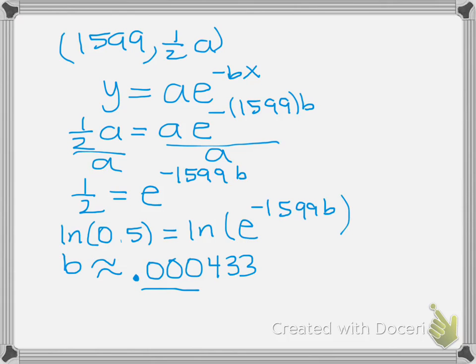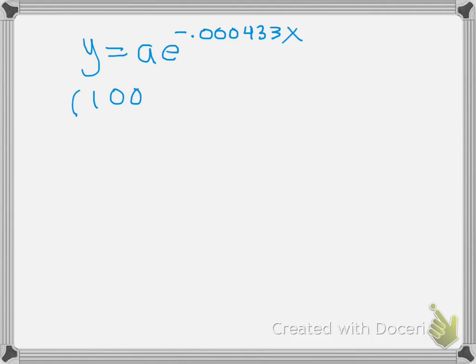Now, if we go back, we have y equals A times e to the negative 0.000433x. And now this is where we will use our other point that we were given, that after 1,000 years, we'll have 2 grams of the substance left.